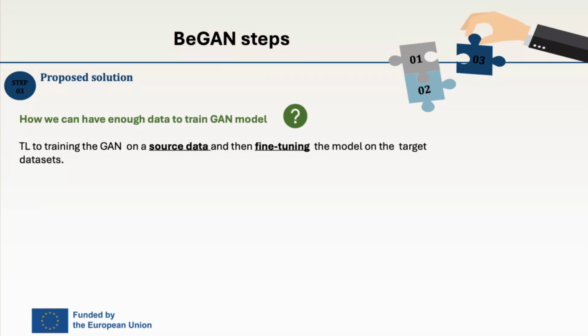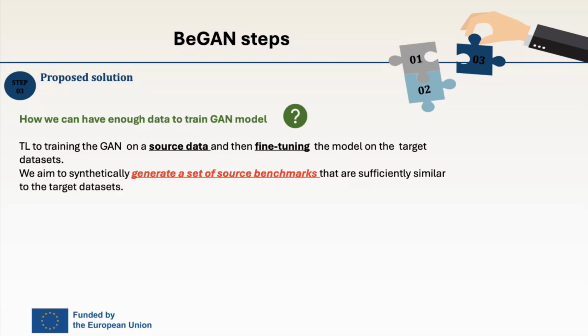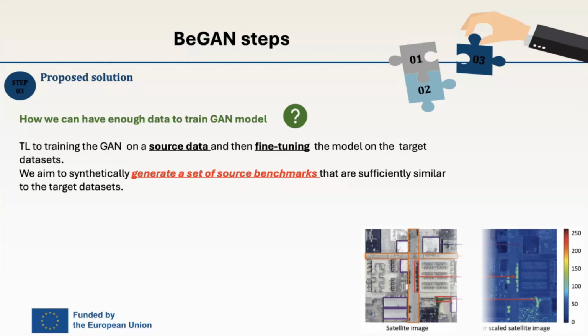Since we don't have enough data to train a GAN, we will use transfer learning to train the GAN on source data, and then fine-tune the model on the target dataset. Let's see what we mean by this. Because we have only a small amount of data for the benchmarks, we try to find data that is very similar in features to the current map data.